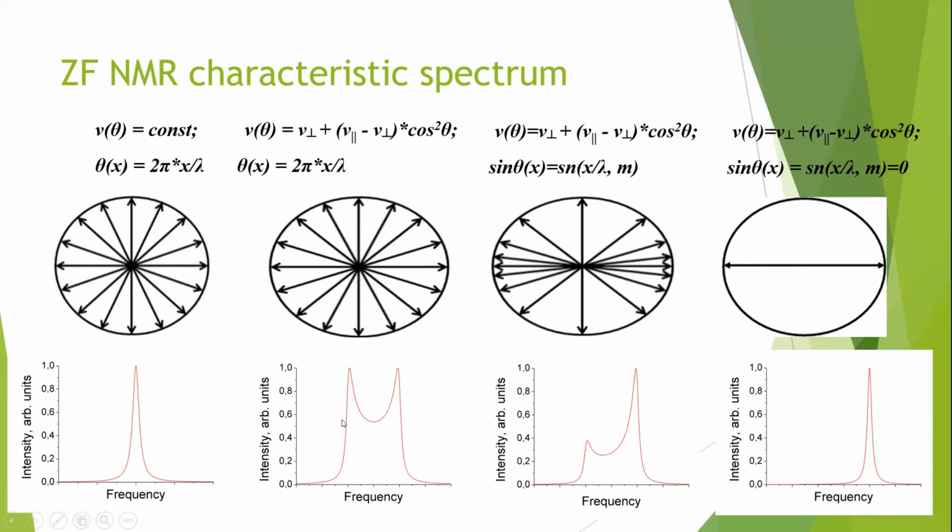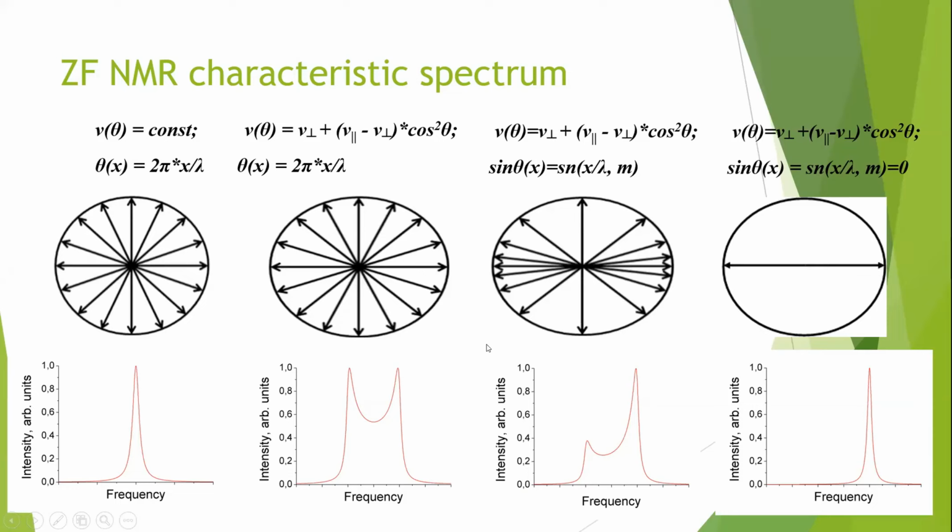This line with two peaks represents the antiferromagnetic vectors directed along the propagation vector, and the vectors directed along the polarization vector perpendicularly. And these are the vectors which are in the middle stage.